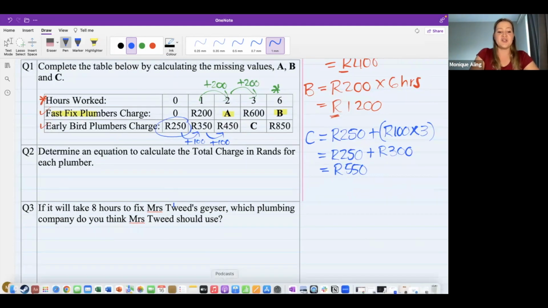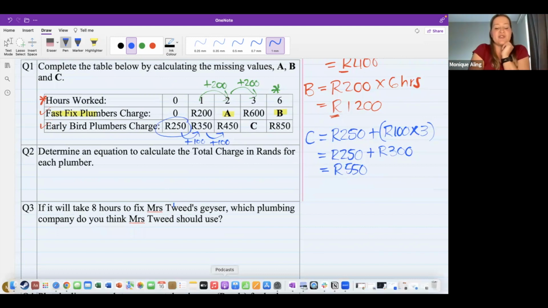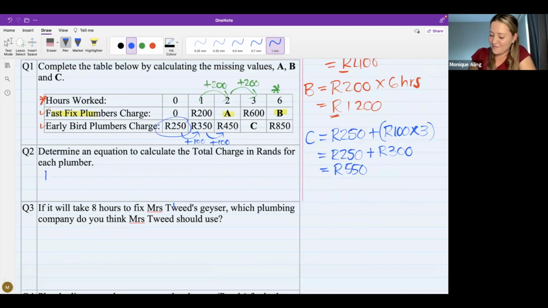Okay, so question 2, guys, determine an equation to calculate the total charges in rands for each plumber. So a formula, for fast fix, I'm just going to call FFP, fast fix plumbers. What formula would we use? A general formula. So if I had to say to you, what would it cost me to use fast fix plumbers for 12 hours? Because we don't have it on the table.